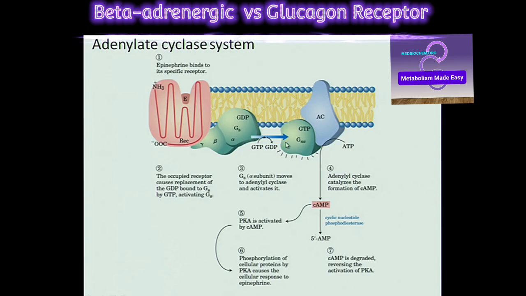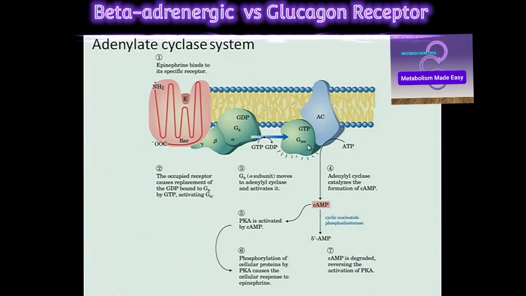This is the only form a G protein is active in: the alpha subunit with GTP bound to it. It's designated small s because this is a stimulatory G protein.